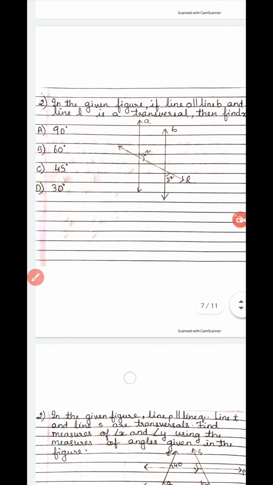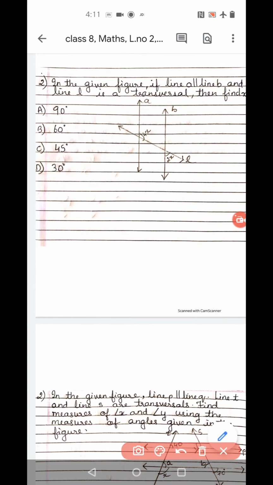Next sum, it is again the same type of sum. In the given figure, if line A is parallel to line B and line L is a transversal, we can see line A, line B and line L. L is a transversal, then find x. Now we can see over here 4x is given and 2x is given. If we take 2x as vertically opposite here, we get the 2x itself vertically opposite.